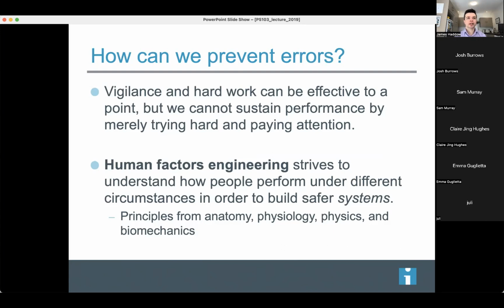And so trying harder doesn't really work in the long term. So that's where human factors come in, and human factors engineering. So it strives to understand how people perform in these circumstances, and then build the environment and systems around them to limit the mistakes that are possible.